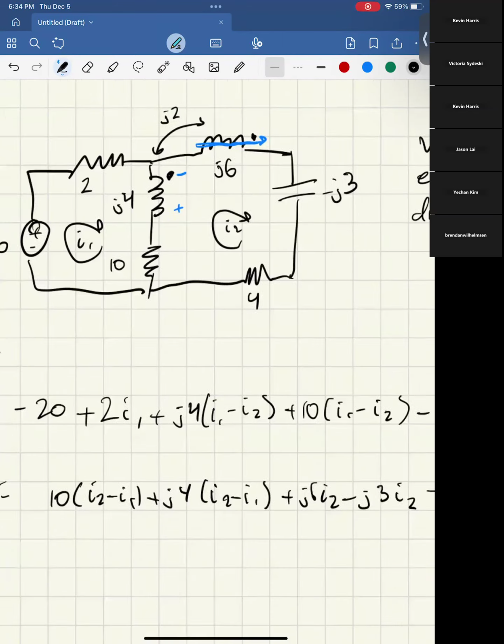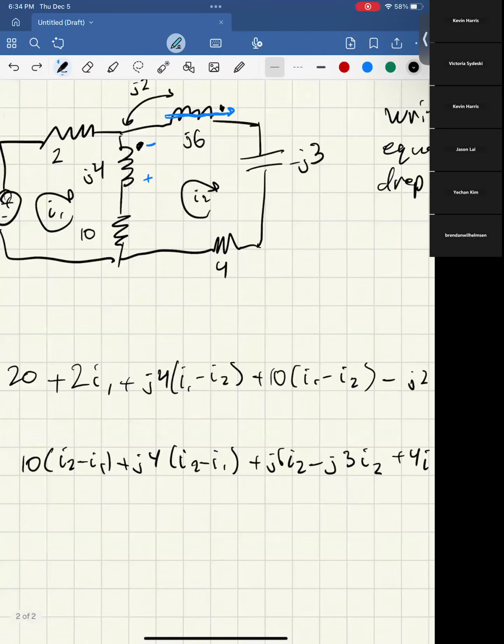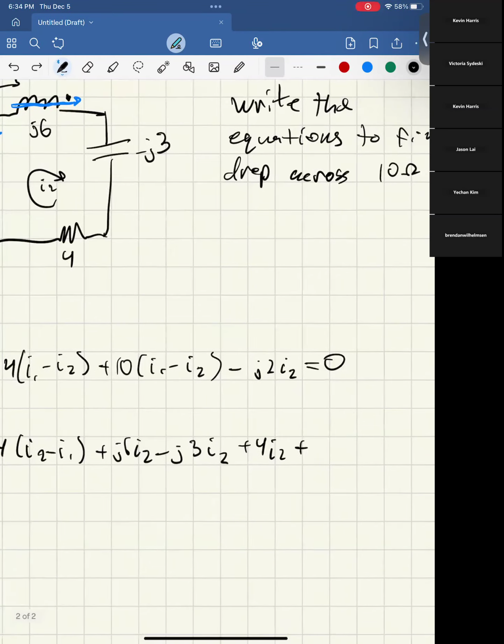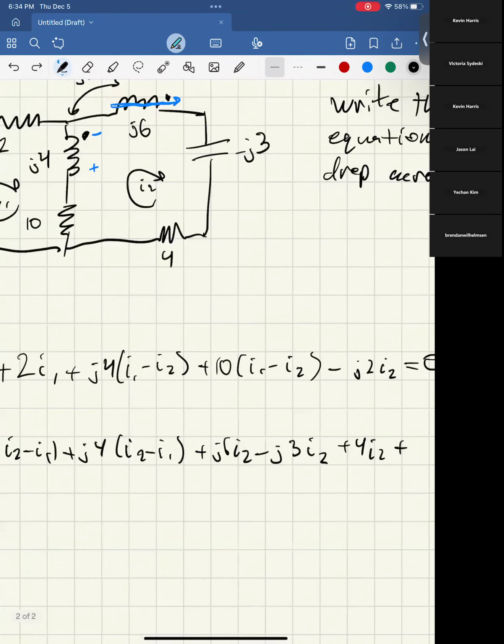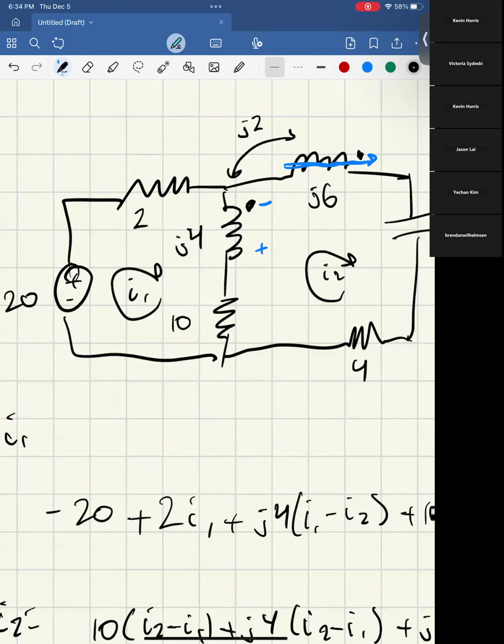again with the mutual inductance term, we look at how the current is flowing through here, right? So one part is going to be our J2 term, right? And then from the other loop, we'd have I1 minus I2, and that would be flowing down that way.